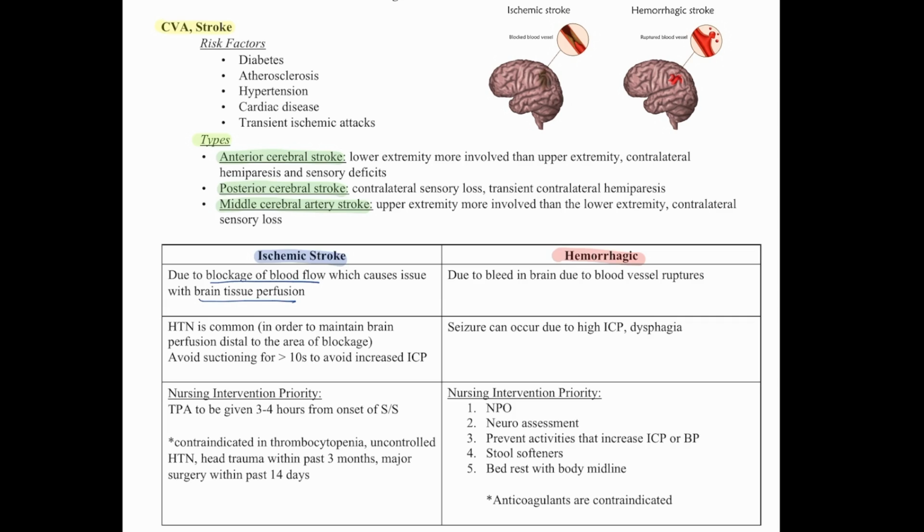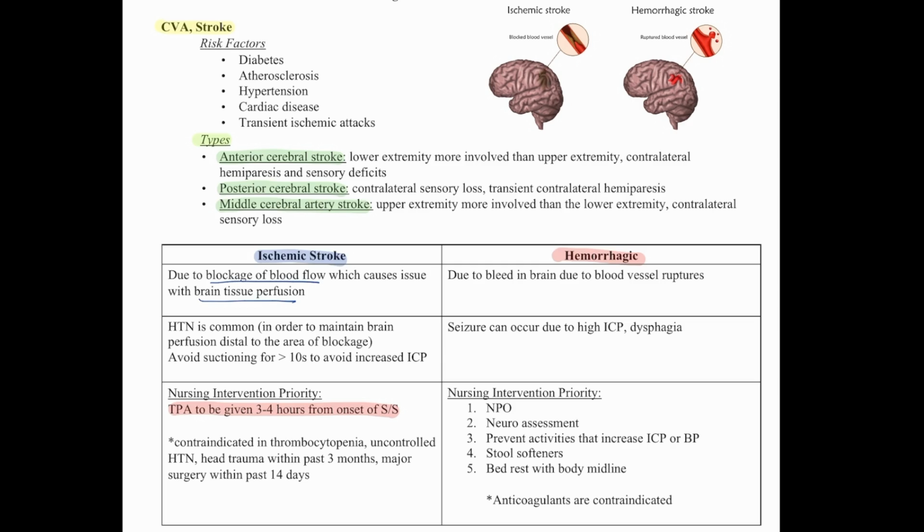Our nursing intervention and priority is going to be TPA to be given 3 to 4 hours from the onset of signs and symptoms, and it's contraindicated in thrombocytopenia, uncontrolled hypertension, head trauma within the past 3 months, and major surgery in the past 14 days.